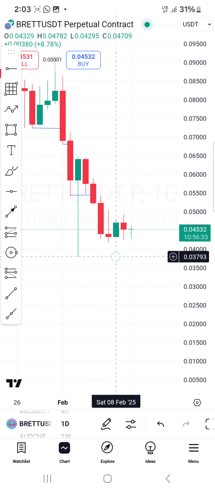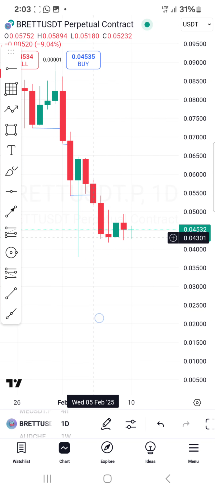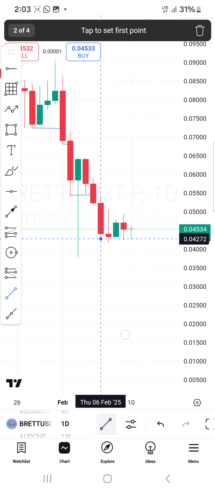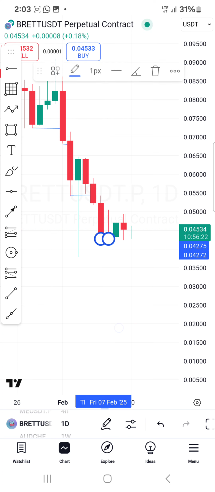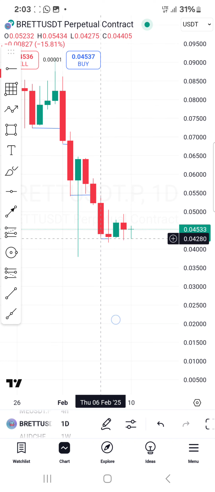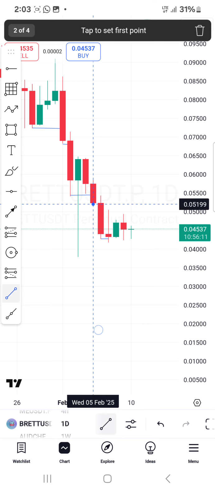Likewise, we have a break of structure here, but this is not a break of structure. This is invalid. Why is this invalid? Because the new candlestick that was supposed to break the structure closed with a wick below this candlestick. I wish it was a full body close like this one.